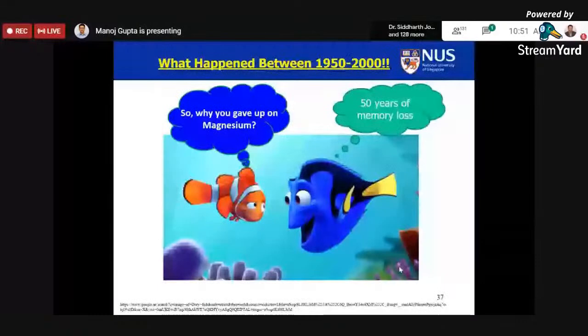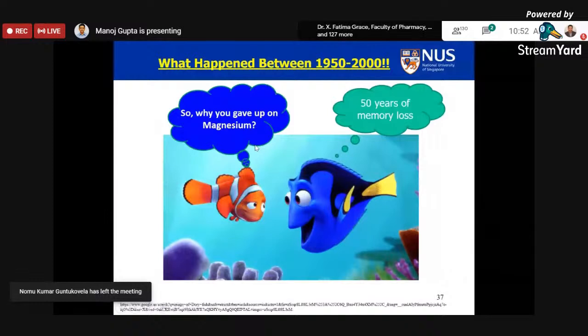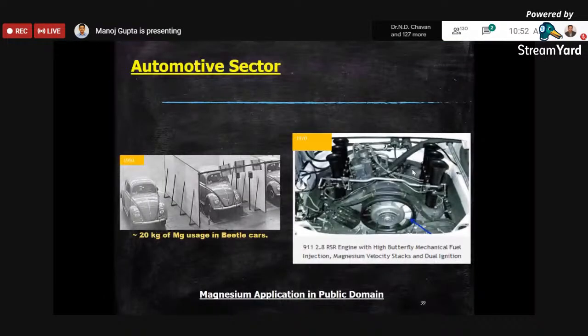This clownfish is asking why you gave up in the 90s to start working on magnesium-based material. To further strengthen that, why this material and associated technology.